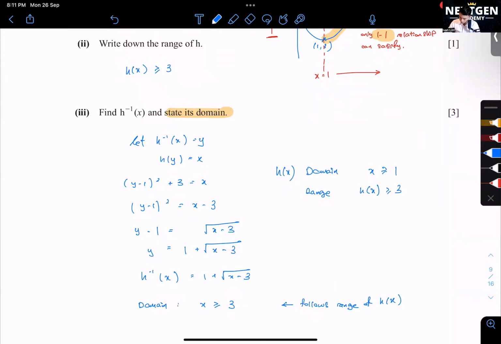But you see here, H inverse x value, that means this is your y. y equals 1 plus square root of x minus 3. Your y of your inverse will follow what?